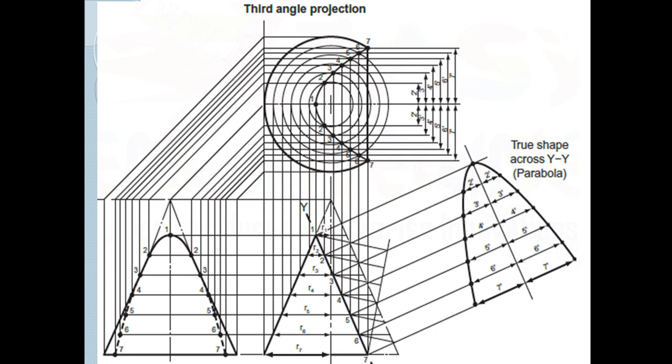Same thing with 5. Go across to the slanted side, up to the center, then a circle. Where it intersects with the 5 line going up, you have the points. The same thing, you keep plotting them until you get a parabola. Once you have the curve on the plan view, you could always project it back down.